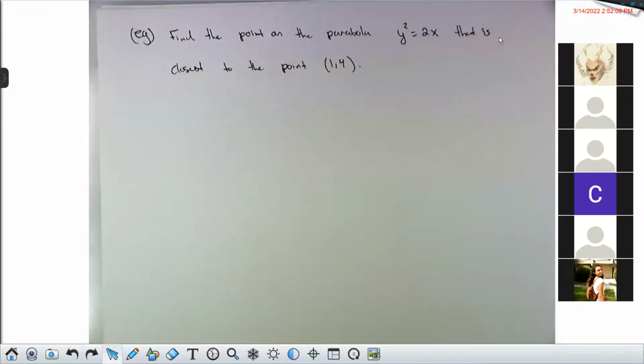So it's a pure geometry thing. What we need here obviously is the distance from a point on this curve to the point (1, 4). That's the thing we're going to try to minimize because I'm looking for the point that is closest to that.